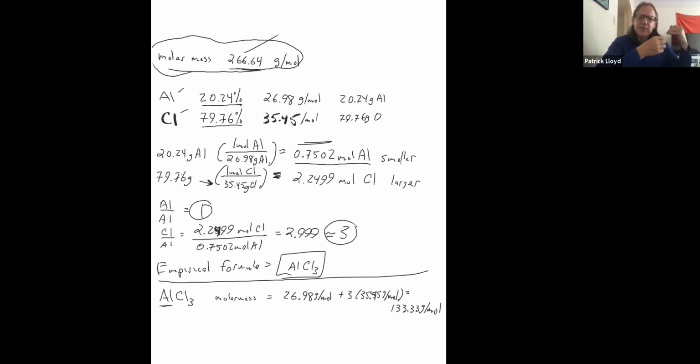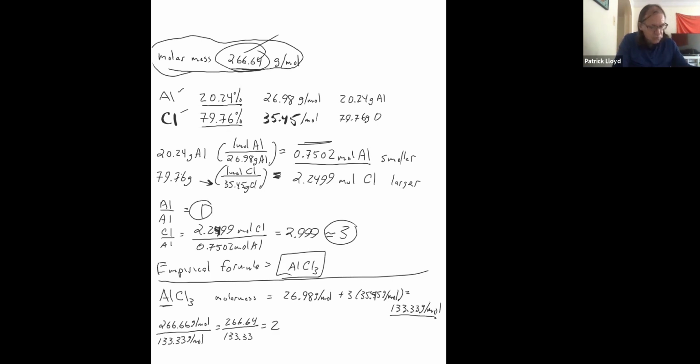If the empirical formula weighs 100 and the molar mass of the actual compound is 300, that would be 3 times as much. So formally, what you do is you take this molar mass over here and you divide it by this molar mass, the one for the empirical formula. And what you get is 2.